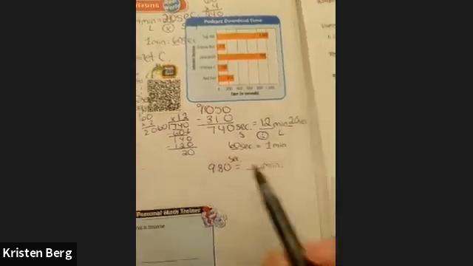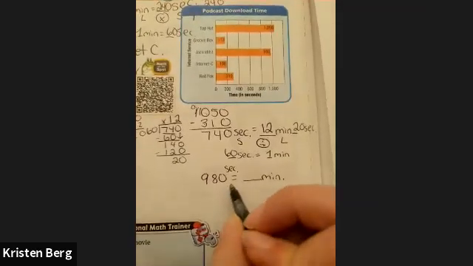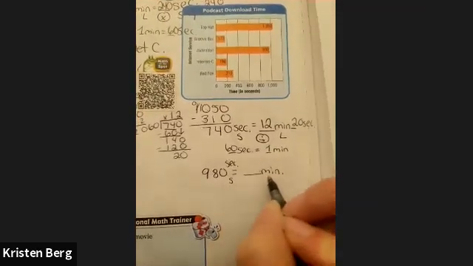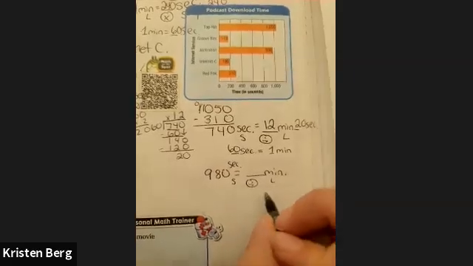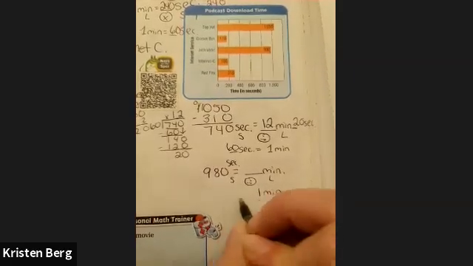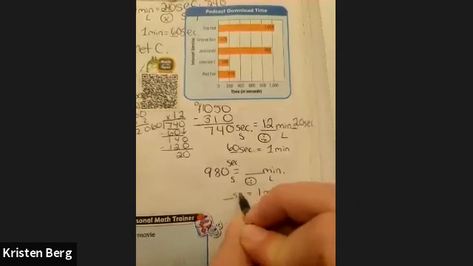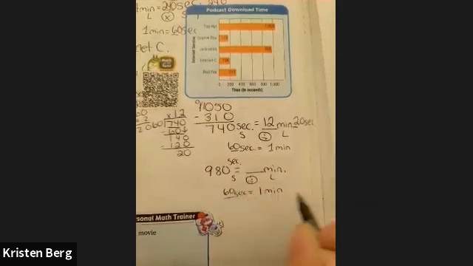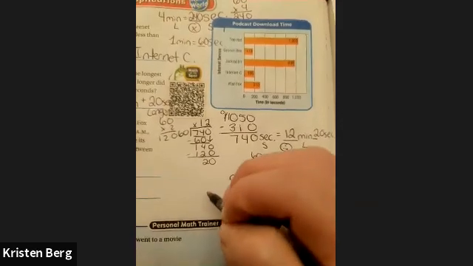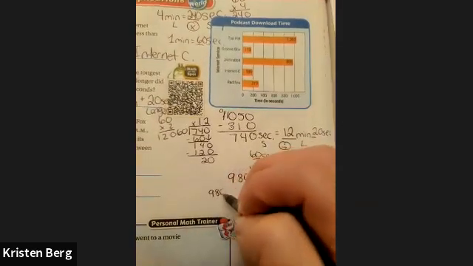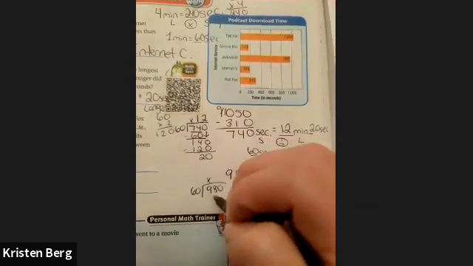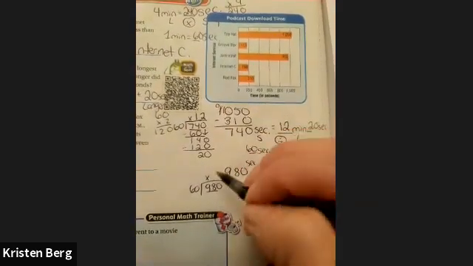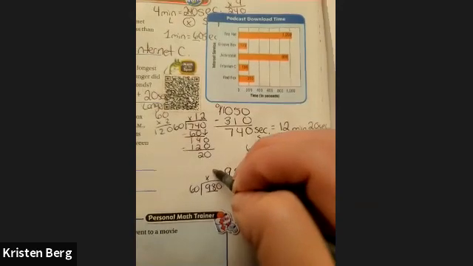In this case, this is a small unit to a large, so we are dividing. And 1 minute equals how many seconds? That would be 60. So 980 over 60. Can 60 go into 9? No. Can it go into 98? Yes, that would be 1 time.